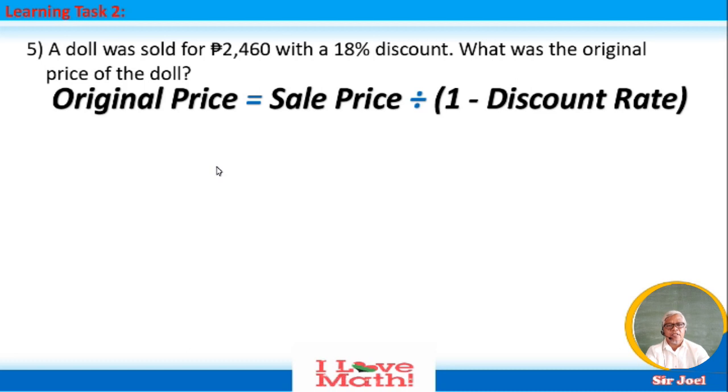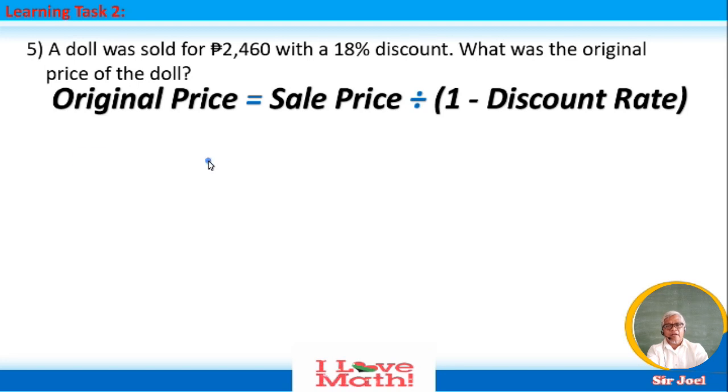Kasi ang hinahanap dito ay yung original price of the doll. Kasi according to this problem, yung doll ay nabili niya ng 2,460 pesos kung saan ay 18% discount. Kaya ang ating formula ay original price equals sale price divided by 1 minus the discount rate. Again, 1 kasi from 100%.